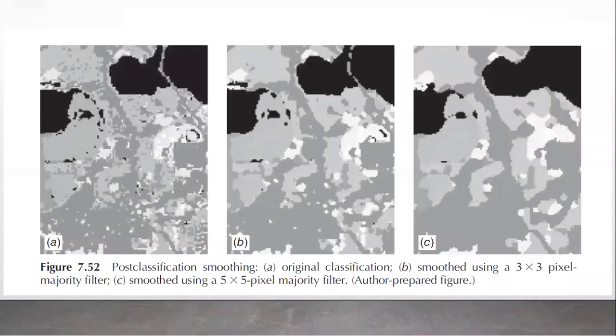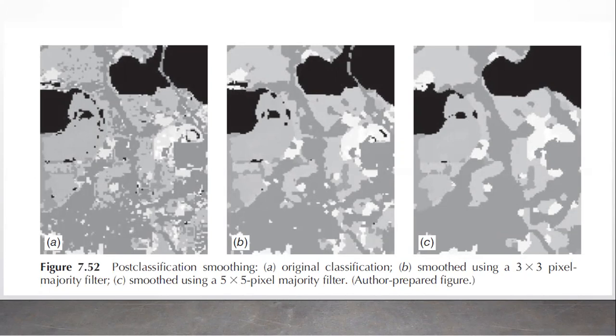See, this is the particular image that shows how the post classification result is arrived at. There are three images: the original classification, smoothed using a 3 into 3 pixel majority filter, and smoothed using a 5 into 5 pixel majority filter.